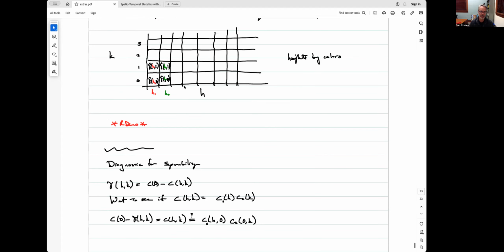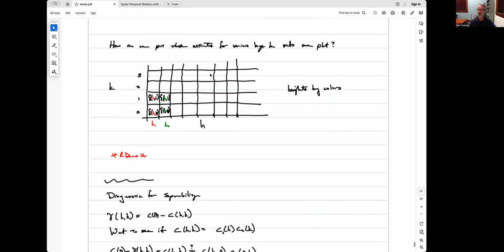So if I take C0, the variance, our sill value, basically 22 or 23, and subtract our gridded values from it, what I'm going to get are estimates of the space-time covariance function.